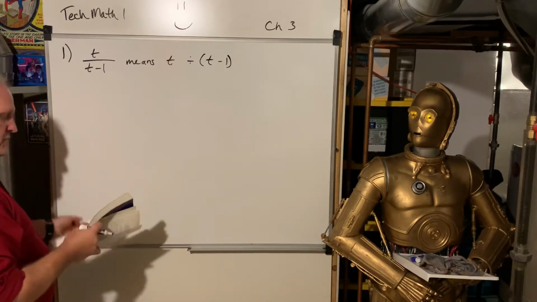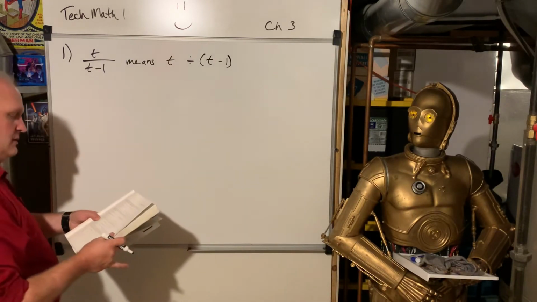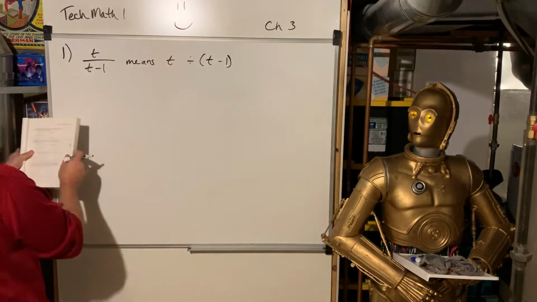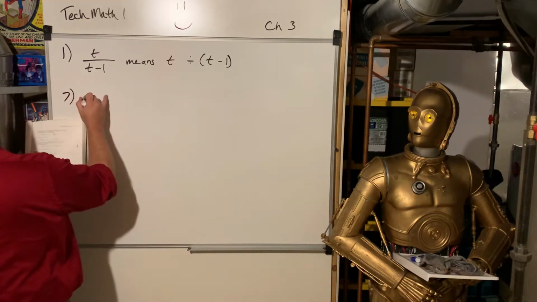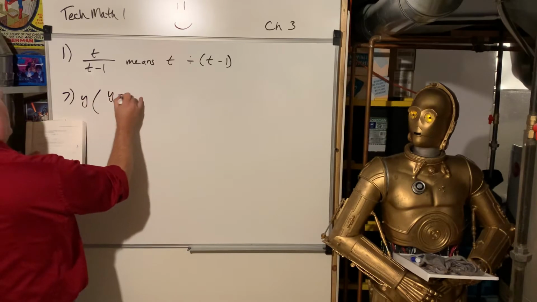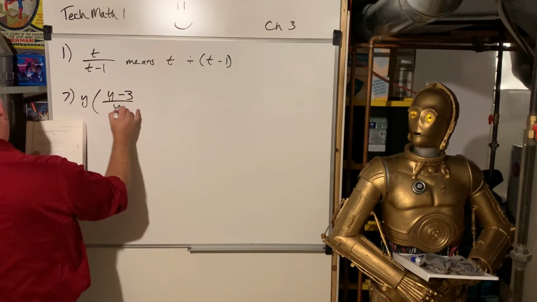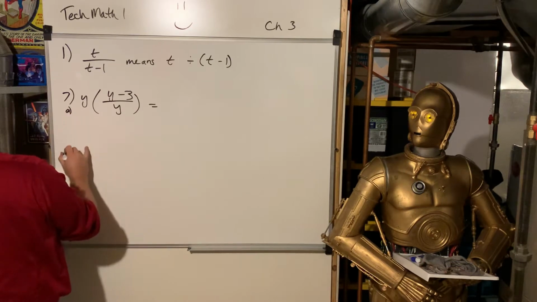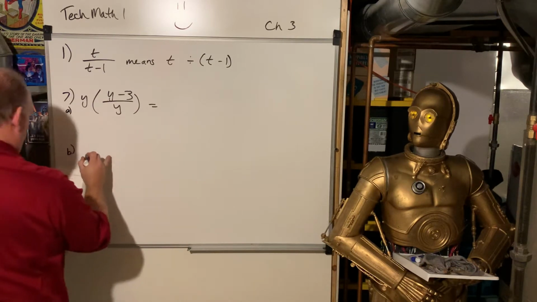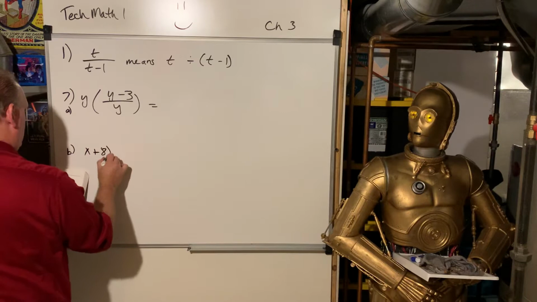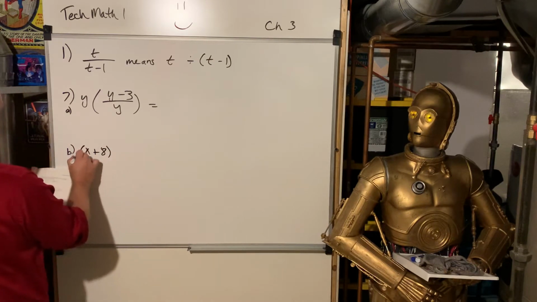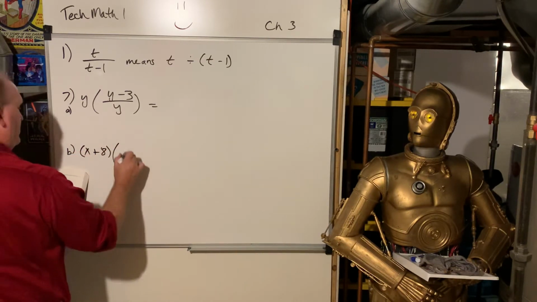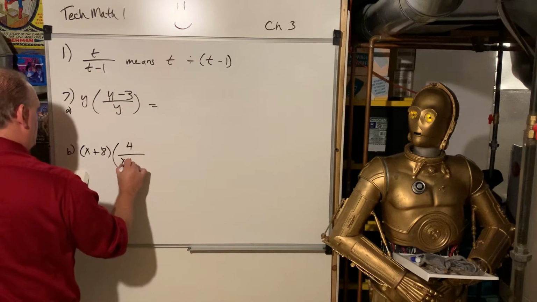And then I wanted to jump to number 7. So 7, we've got y times quantity y minus 3 over y. What that is equal to. And then for part B, we've got x plus 8 in parentheses times quantity 4 times x plus 8.